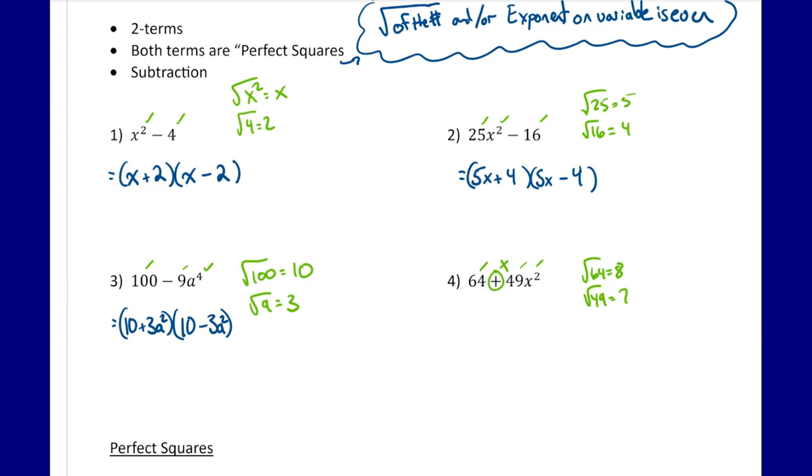So you cannot factor as a difference of squares. What we could do though, well, nope, we couldn't even do that because I'm just thinking, is there a greatest common factor between these two terms? I don't believe that there is, so we cannot factor this any further.